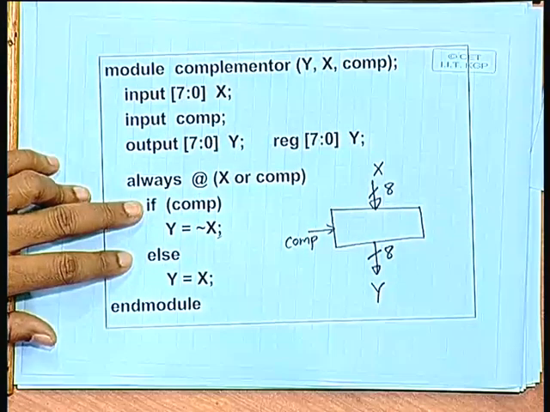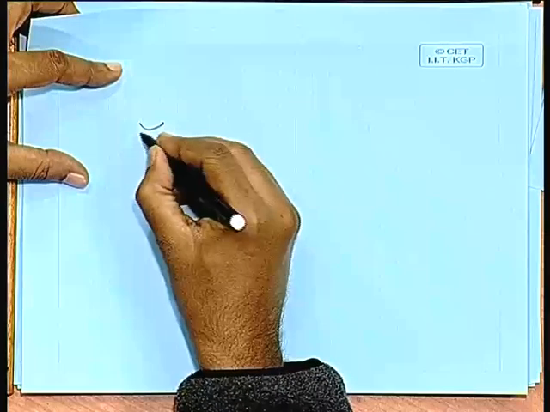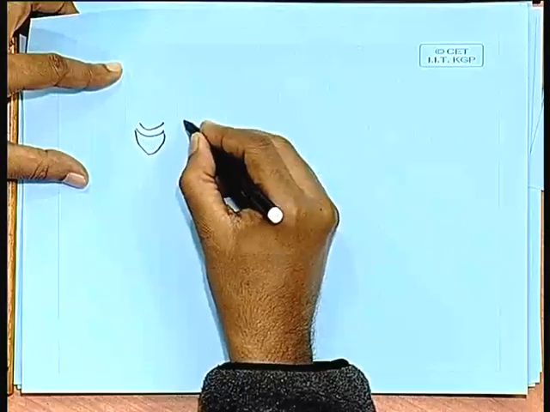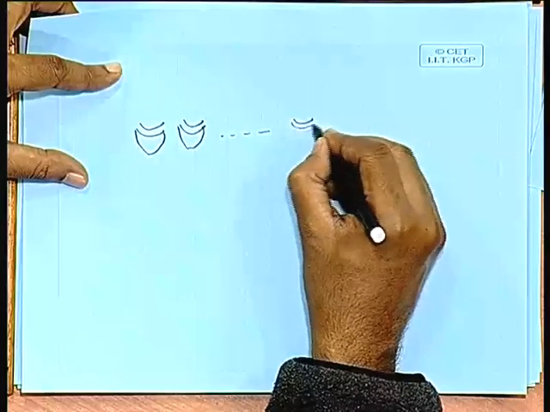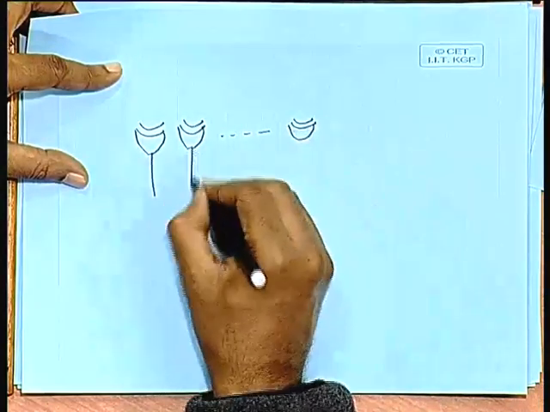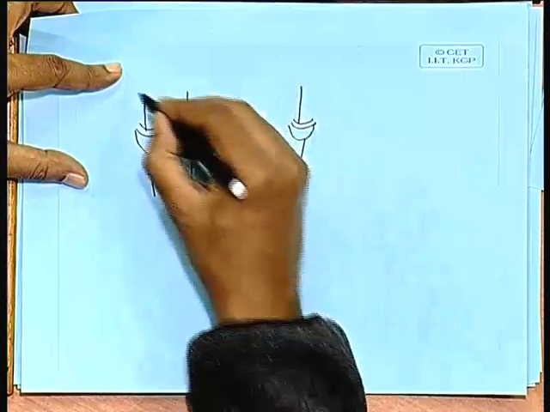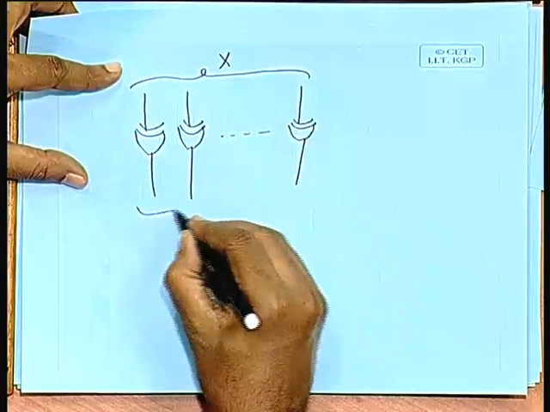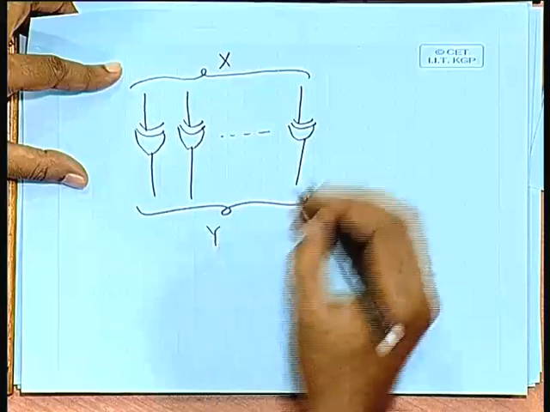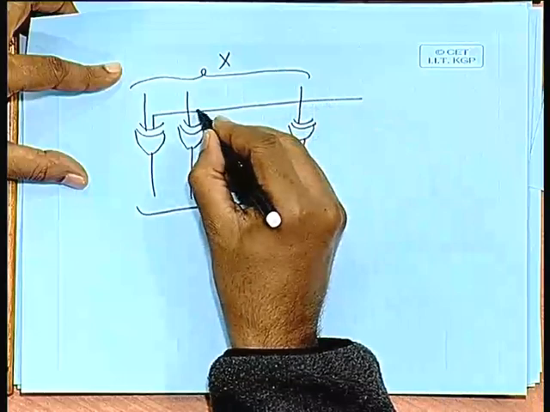Now, the logic that will get synthesized out here will be something like this. There will be an array of exclusive OR gates which will be synthesized. These are the x inputs, these will be the y outputs, and the second input of the XOR gate will be the control.